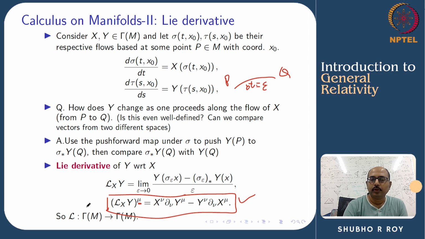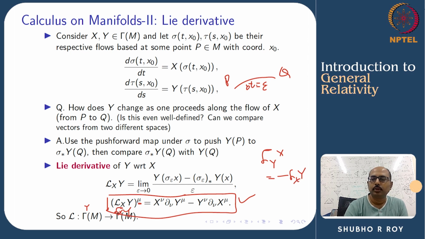So y gets mapped to curly L sub x of y. You can also do the reverse, in which you measure how x changes along the flows of y. That will give you curly L sub y of x, and as you can see from the formula, this will become minus curly L sub x of y.